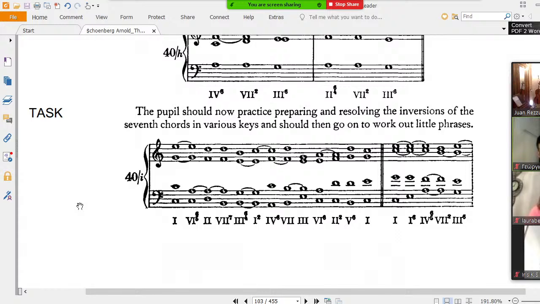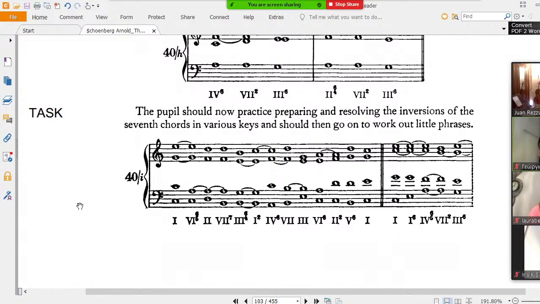The exercise can have 8 or 12 bars in 4/4. Any key, it doesn't matter, it can be C major. I don't care which key you prepare.